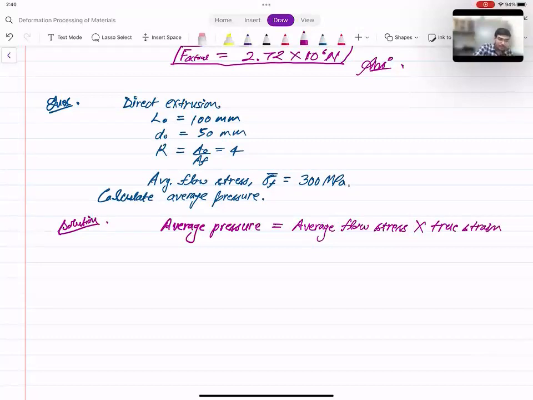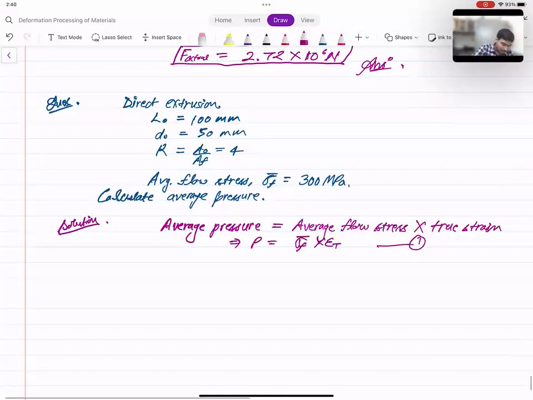Which you can write as P is nothing but sigma f bar into et. So we will be using this equation. Now we are given sigma f bar and we only need to calculate et here.